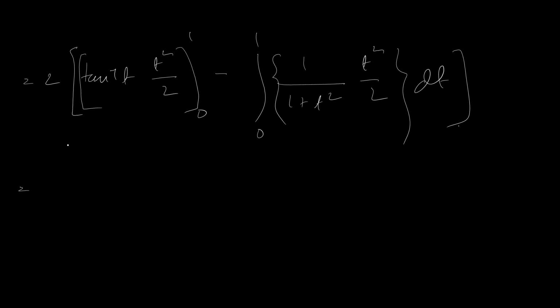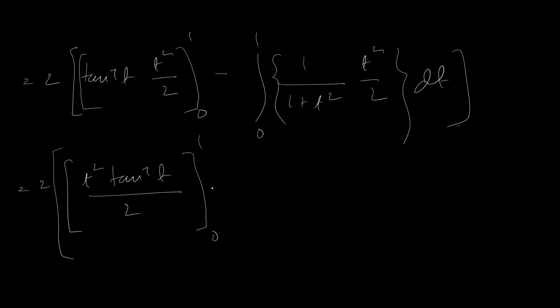So this is 2 bracket start, t square tan inverse t by 2, with limits 0 to 1. There is a 2 outside.